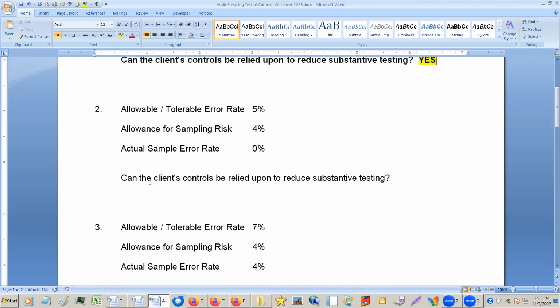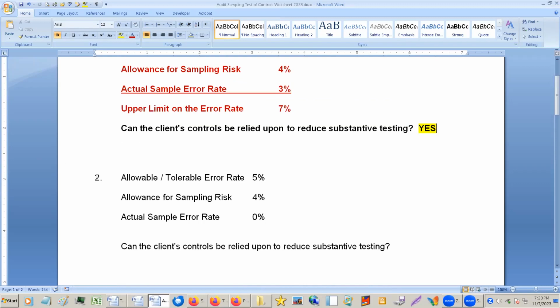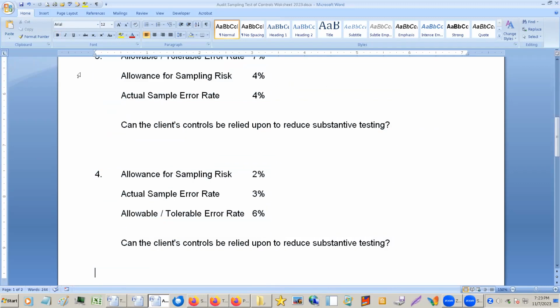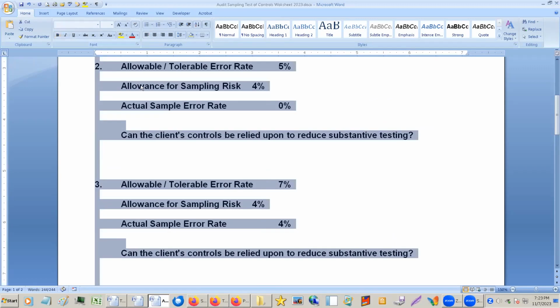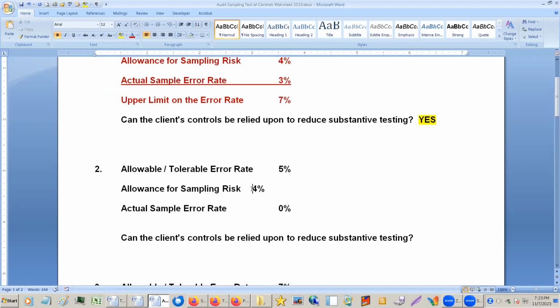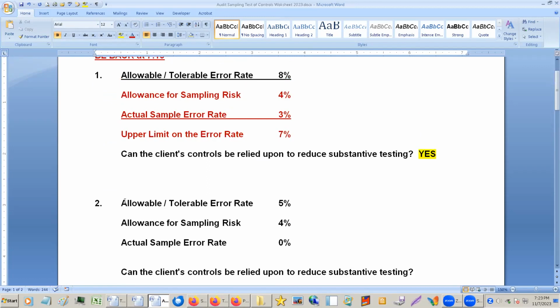All right, let's do number 2. I'm going to bold all of these. So second one, we have an allowable tolerable rate of 5%. We'll allow it for up to 5%. We have sampling risk of 4%.